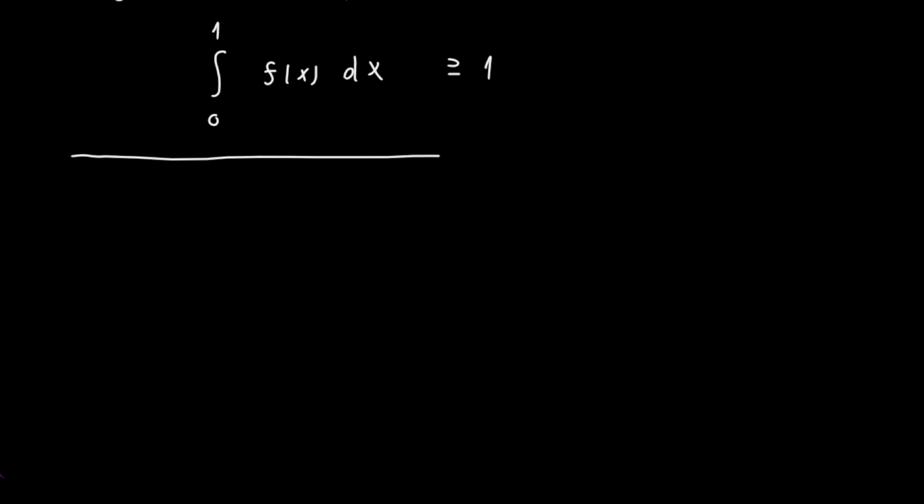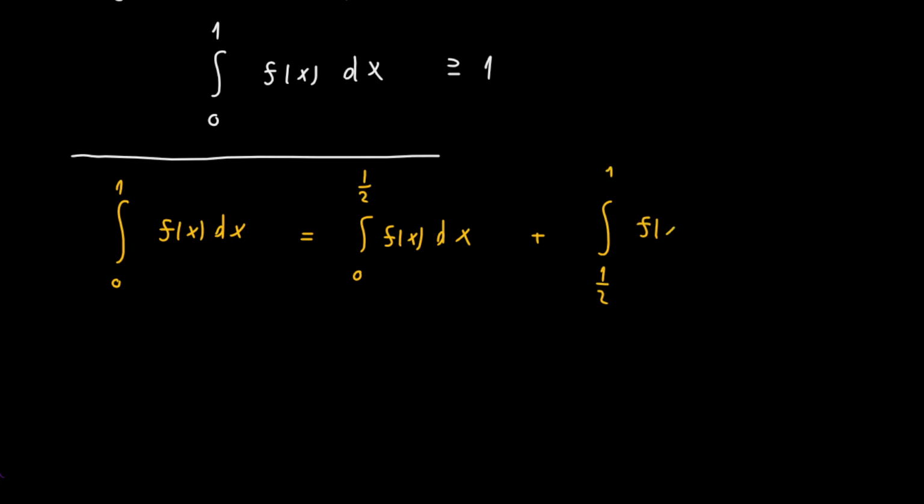I suggest to break this integral from 0 to 1 into two integrals. So I have the integral from 0 to 1 over 2 of f(x) plus the integral from 1 over 2 to 1 of f(x) dx.